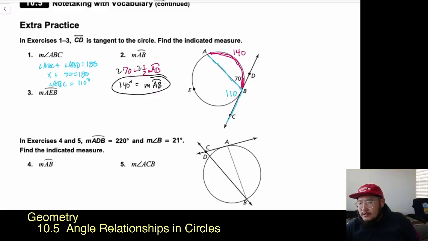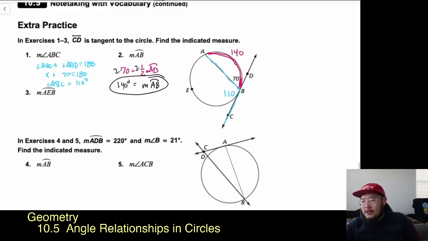So now the next part is saying, all right, how do I find the measure of arc AEB? Okay. So the arc AEB, I want to highlight that in yellow or gold. And so let's repeat the same process. I know what the angle is. The angle ABC is 110.